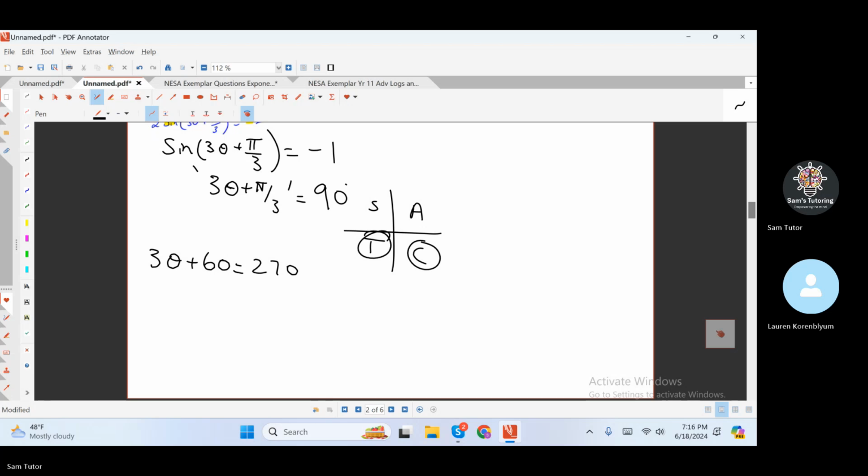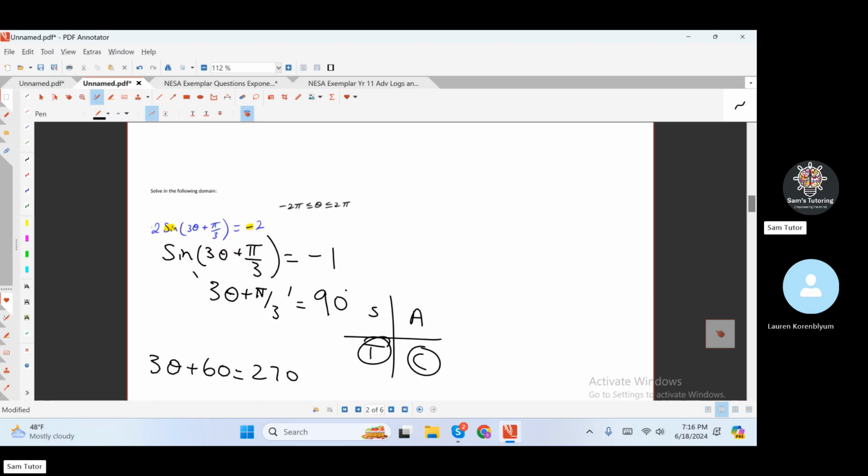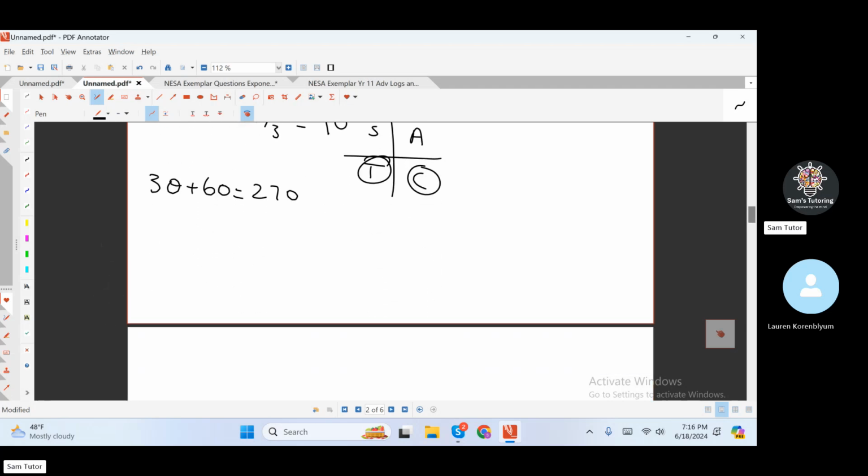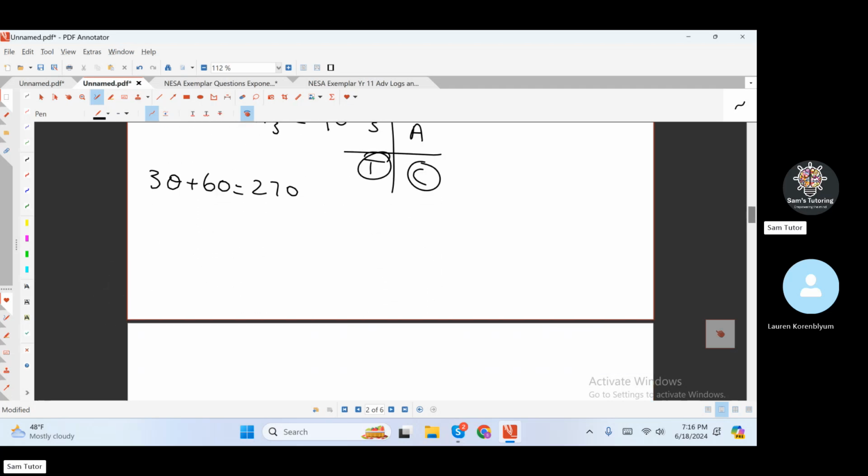Now, we know a few things. We know the domain's going to go from negative 2 pi to 2 pi, so negative 360 to 360. We also know that it's doing 3 revolutions. By this stage you should learn to get into the habit of adding and subtracting 360s. So we're going to do that. We're going to add 360 and add more than you're comfortable with, if you don't mind.